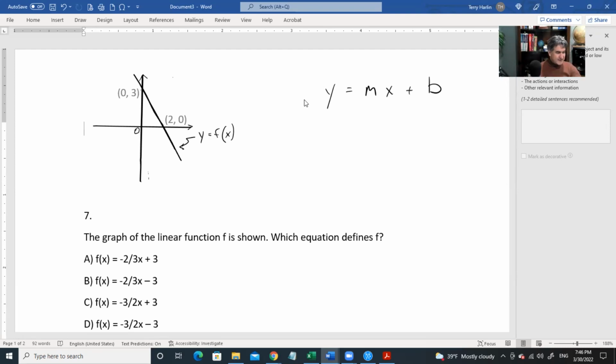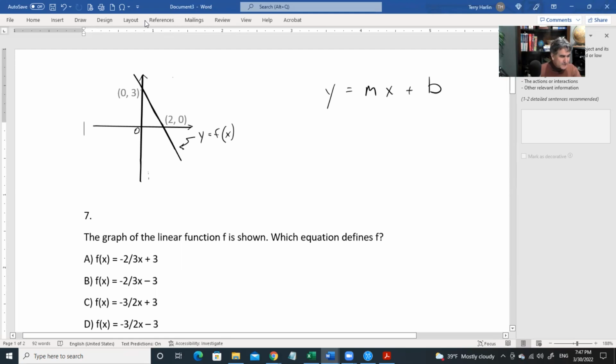So the easier things that would help us to identify which answer it is are not there. Because the slope, we can tell by the line that the slope is negative. Well, these are all negative, and we're going to have to find both. What should we start with?